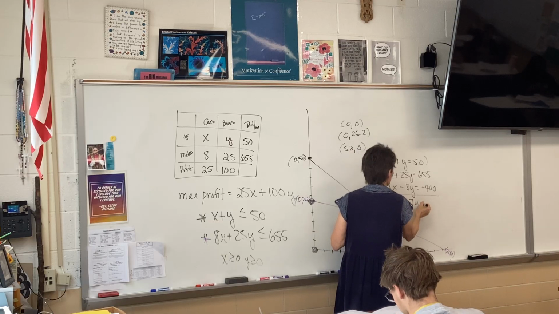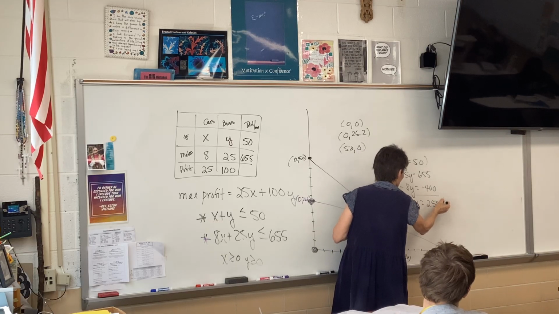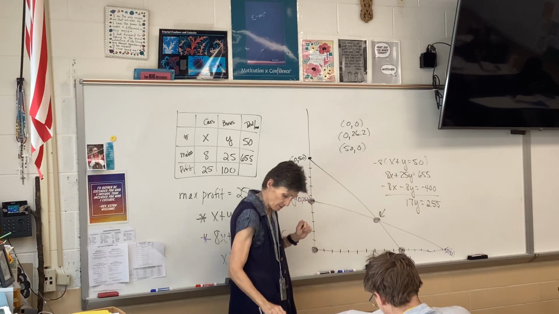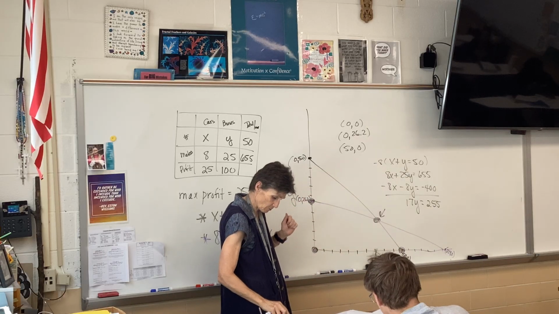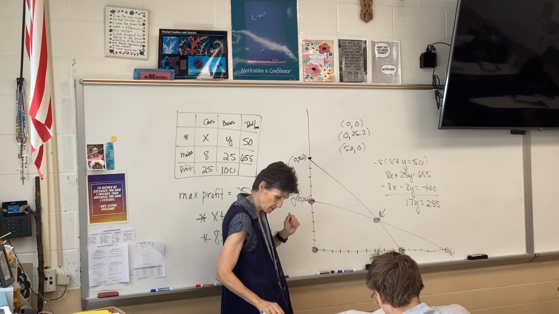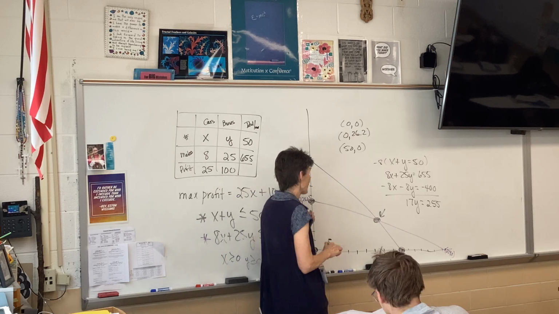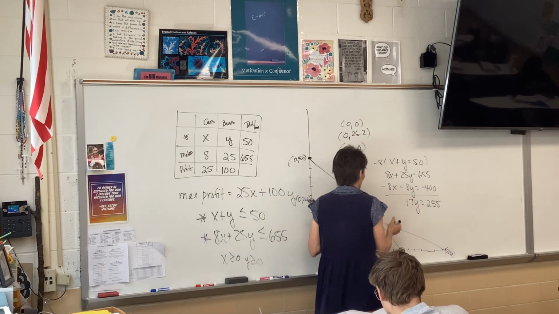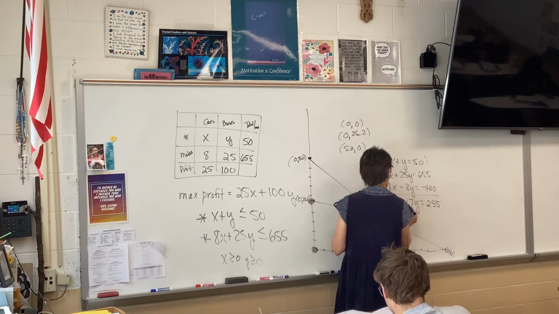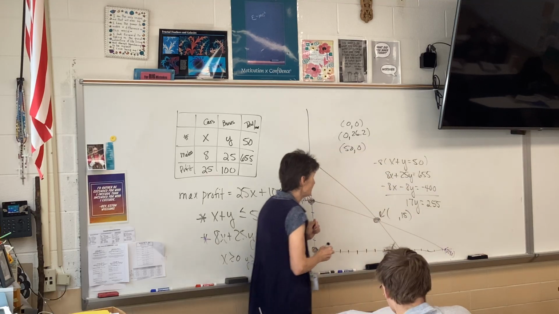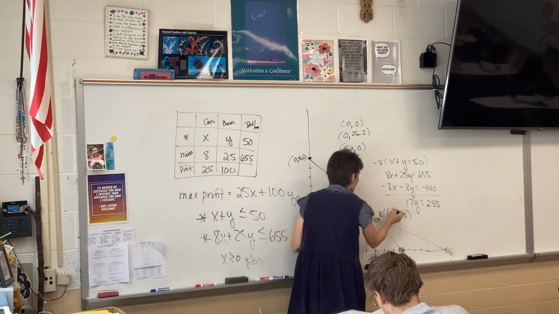So 17y equals 255. So what's 17? Oh my gosh, it came out. Wow. So if y is 15, then x is 35.